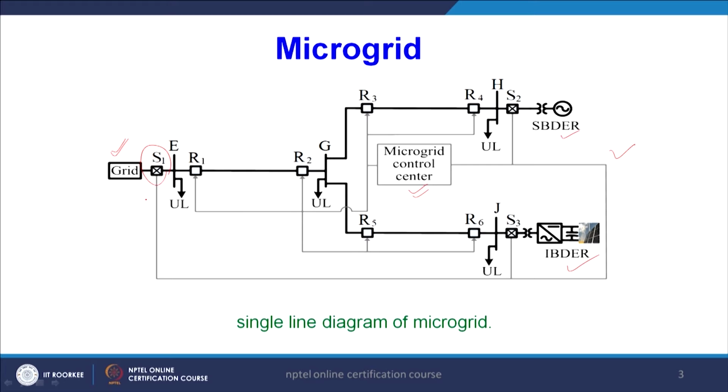S1 is the switch or circuit breaker which connects the grid and the rest of the microgrid network. Here we have R1 and R2, next R3, R4, R5 and R6, and also S2 and S3. All the relays and circuit breaker information can be sent to the main microgrid control center.